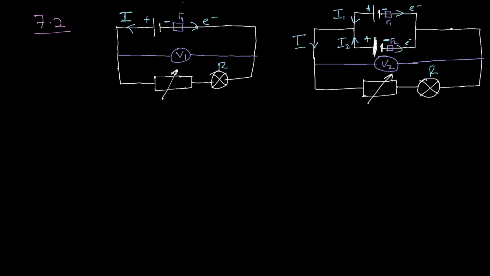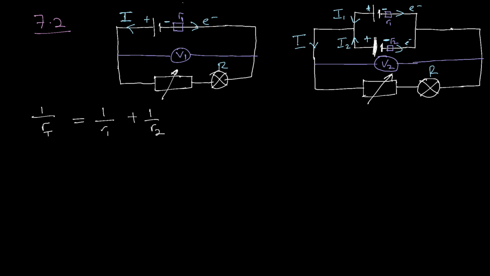Because we've connected the resistance in parallel, we need to find the total internal resistance. We can do that by saying 1 over R total internal resistance will be equal to 1 over R1 plus 1 over R2. Just so you know, this is R1, the internal resistance for that cell, and this is R2, the internal resistance for this cell.